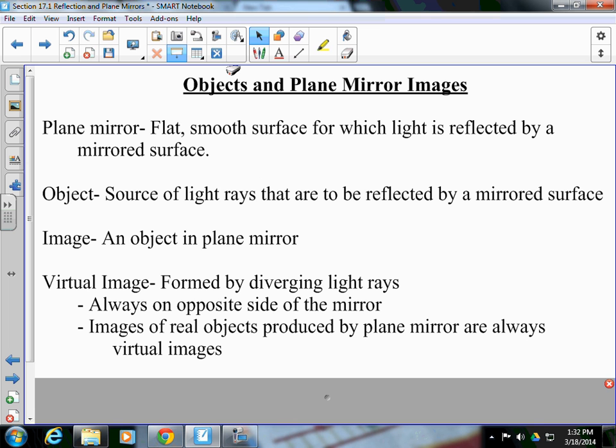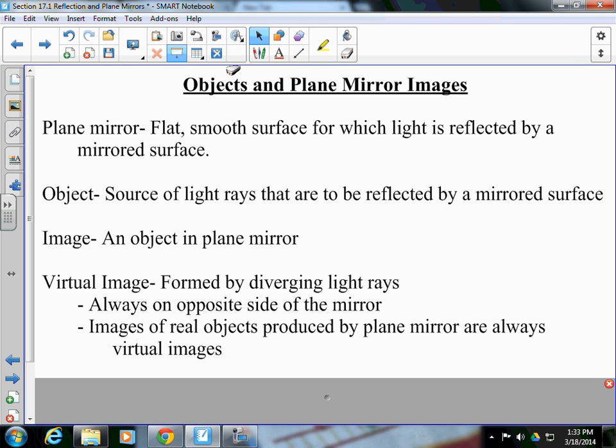Now we are going to work on light ray diagrams when we start talking about curved mirrors. And it's possible for the light rays to meet on one side of the mirror or the other. Again, to reiterate, when an image appears on the opposite side of the mirror, it is a virtual image.